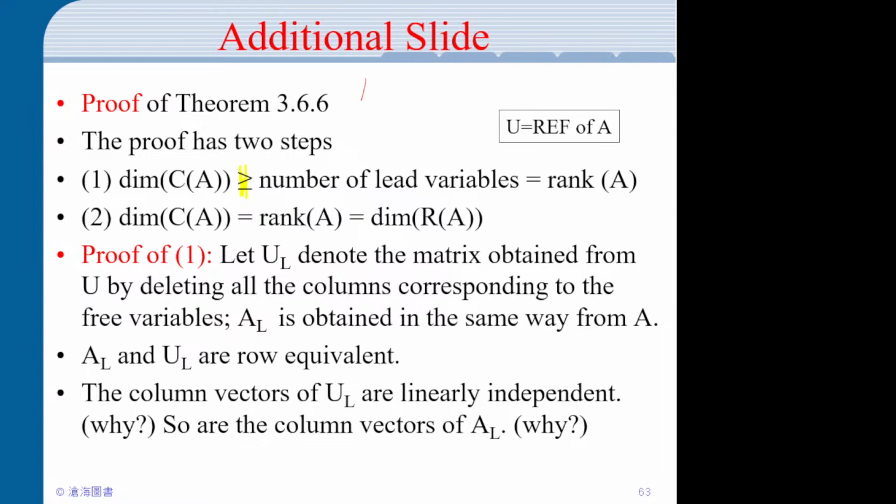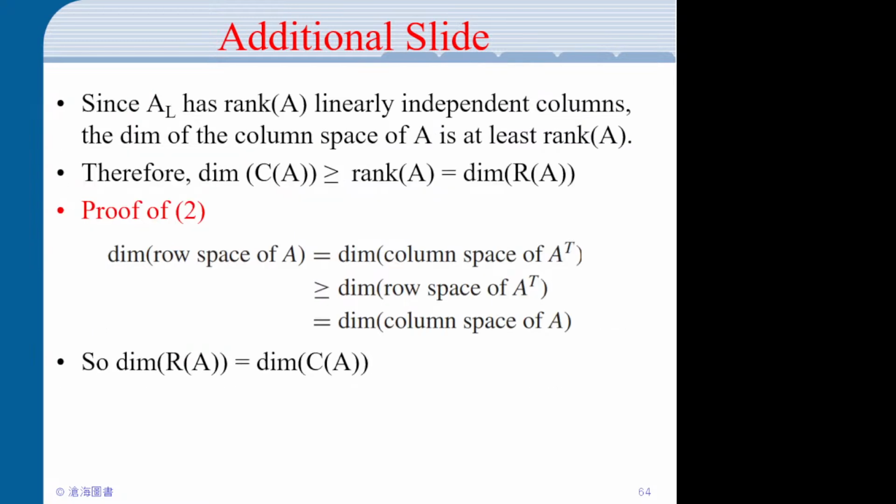So there is the A, okay, and there's the reduced row echelon form of A. That's the U, okay, and so we do something very funny. Let's see, do we have an example?